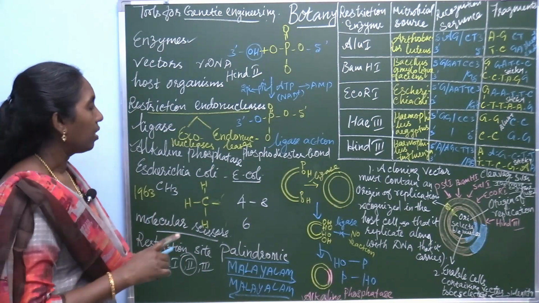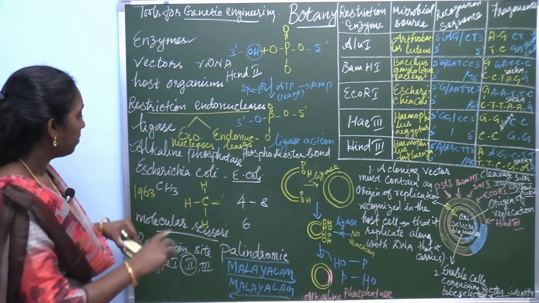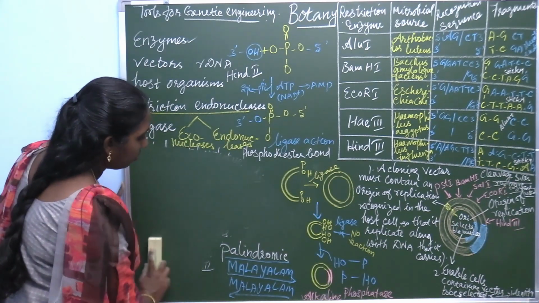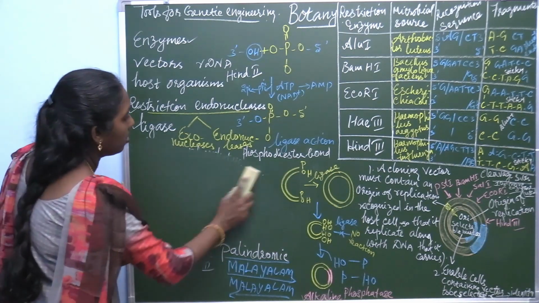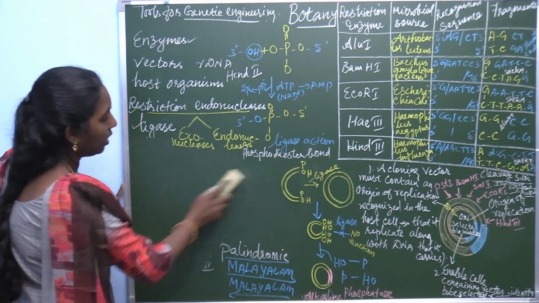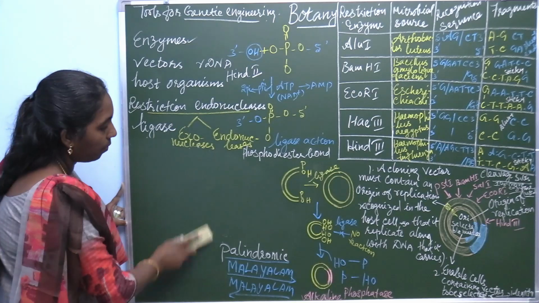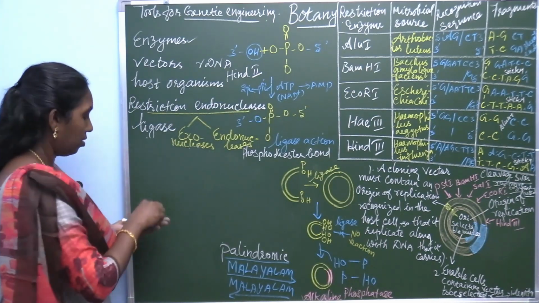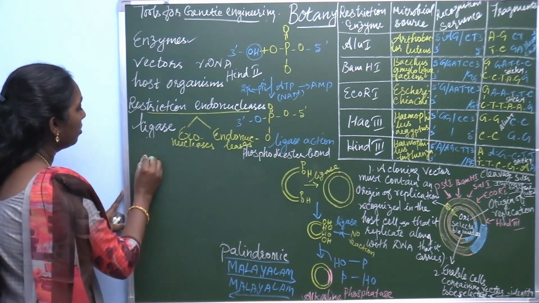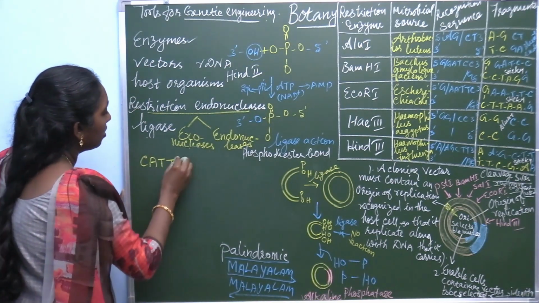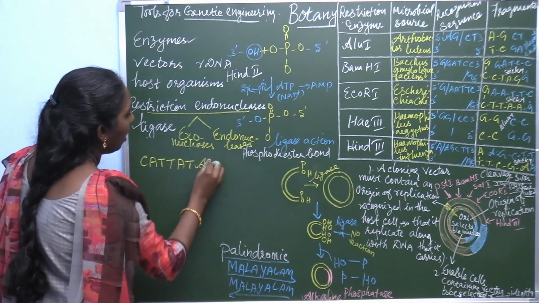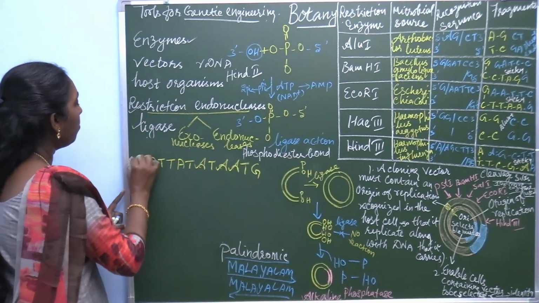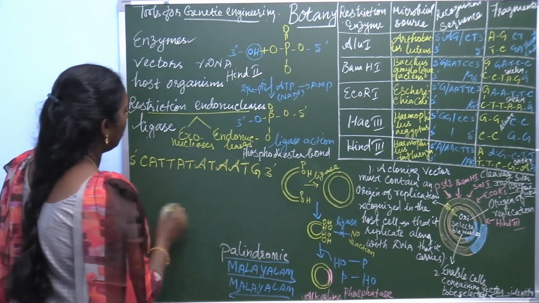For example, there is a DNA sequence, and you remember it in the form of cat, tat, at, odd, G, from the 5' to 3' direction.